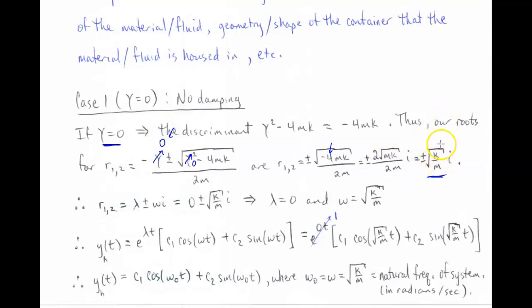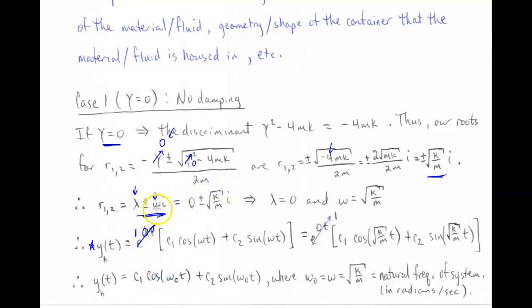And we know from studying second order linear homogeneous ordinary differential equations where all the coefficients are constant that this is the same as your lambda plus or minus i omega, where lambda is your real part and omega is your imaginary part. And since lambda is equal to 0, the exponential part of the homogeneous solution is e raised to the 0, which is just 1.